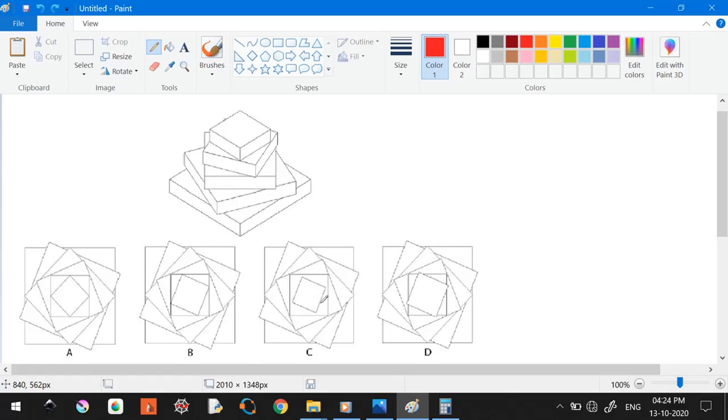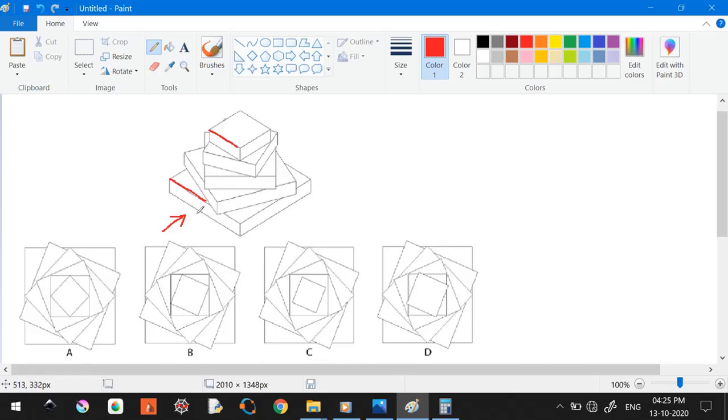blocks. Okay, so what I will do is, given this question, I will take only a few blocks. If I take this block's edge and compare it with this block's edge, let me call this the front portion.